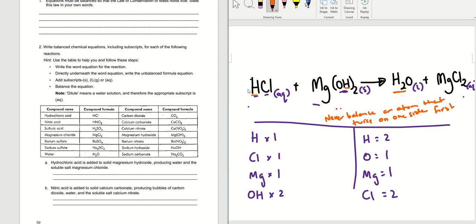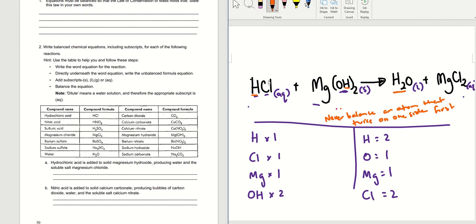So you can see how we have two hydrogens here and only one hydrogen here. Never try and balance these two hydrogens first, or that hydrogen there. The reason being is it does make it a lot more difficult to track where everything else is. So generally speaking, you always find the atom that only appears once on both sides, and then you sort the ones that appear multiple times later on.